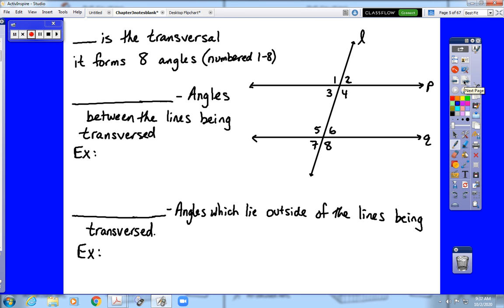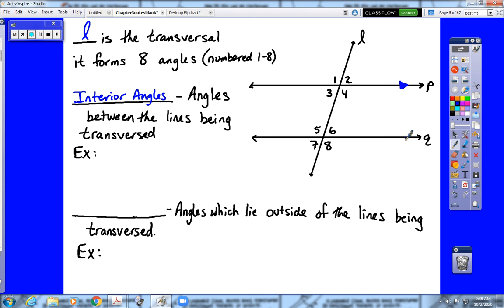In this picture, line L is the transversal, and it forms 8 angles. I have numbered those angles 1 through 8 for convenience sake. There are 2 types of angles being formed here. First are the interior angles, which are the angles that are between the lines being transversed. So if you see, we've got P and Q, which are, in this case, parallel lines.